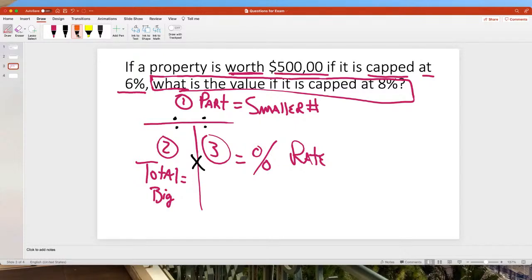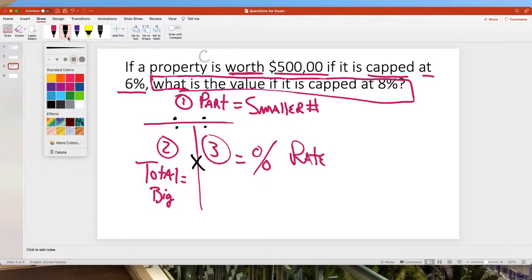Well, the other thing that I failed to tell you is that this is what we call a cap rate problem, and boy, that is really not very legible. Oh, I know what's wrong. I'm using a pencil, so I'm going to change this to purple. Here we go.